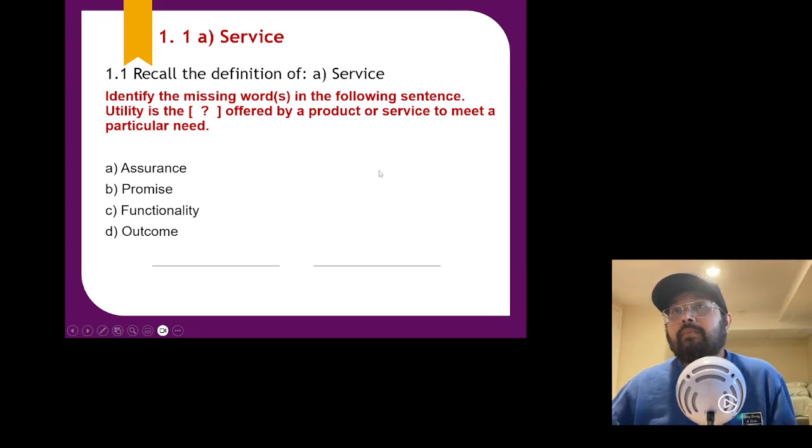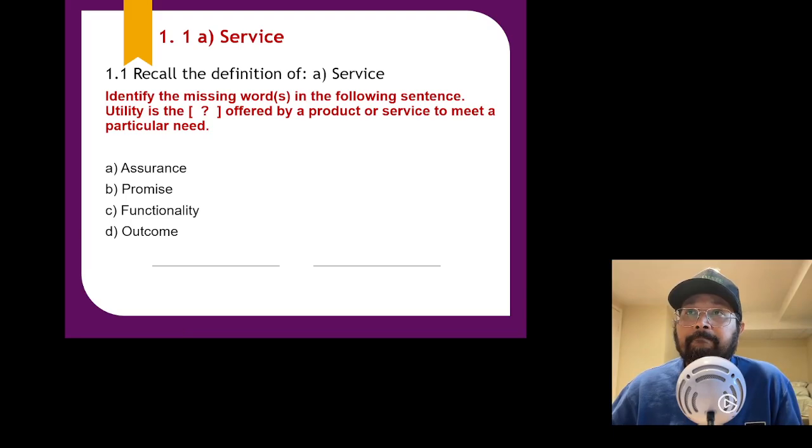So now come to a question, this is related to service again. Identify the missing word in the following sentence. Utility is the dash offered by a product or service to meet a particular need. So what will it be?